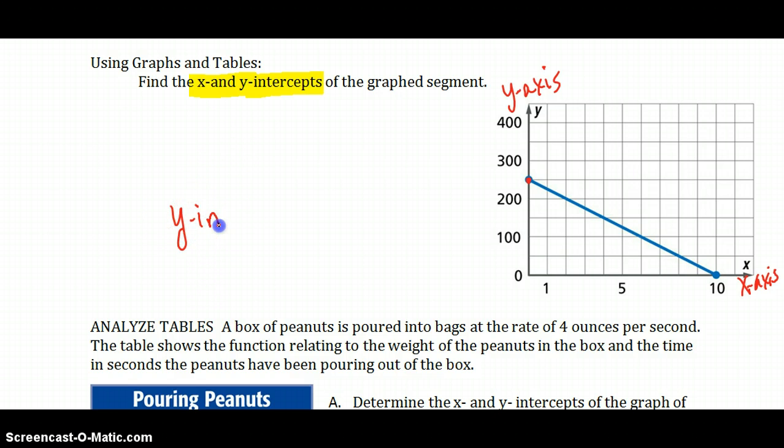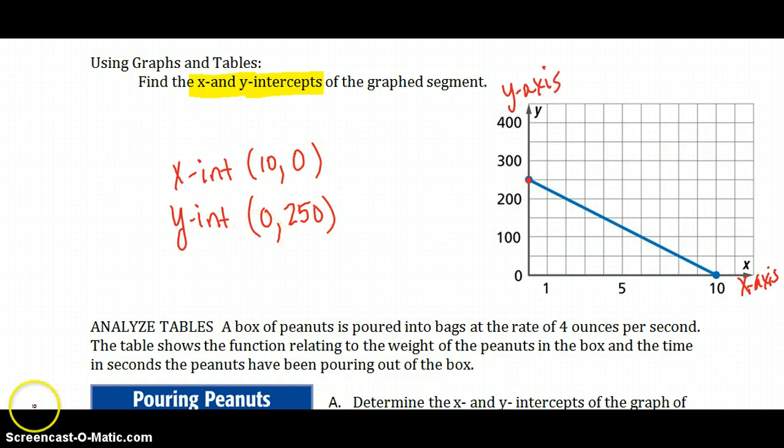So the y-intercept is going to be 0, and then it went up to 250, 0, 250. And the x-intercept, which I might should have said first, you're going to the right 10. So x is 10 and you went 0 on the y-axis. Notice the x-intercept has an x value and the y is 0. The y-intercept has a y value and the x is 0.